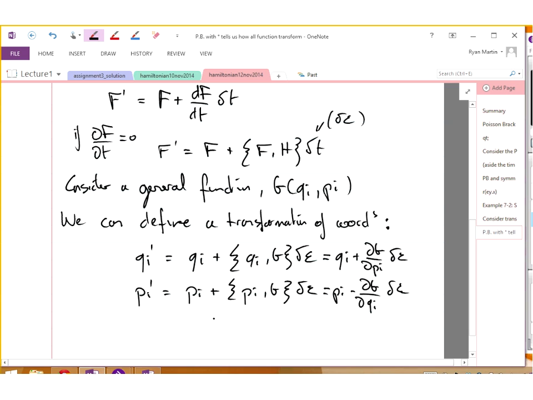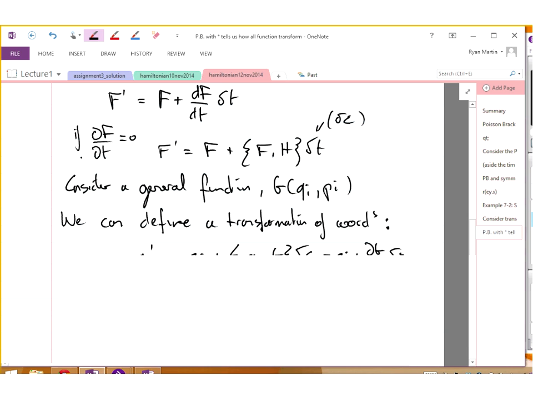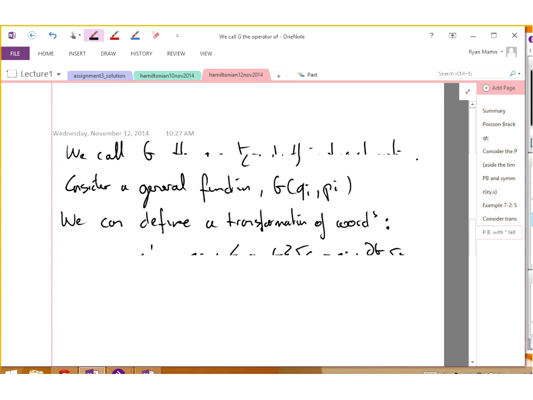So that means that for the qi's, the change is given by partial g by partial pi, and then for the pi's, the change is given by minus partial g by partial qi. So we call G the generator of this transformation.